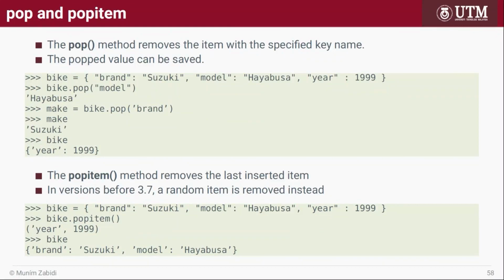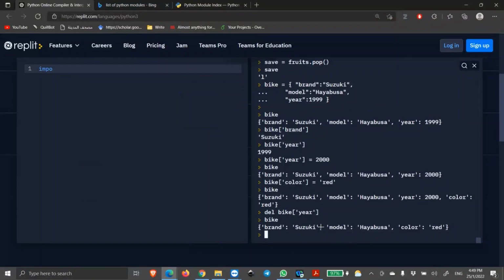And then depending on the version, the item removed is different. So you have to know which version. In versions before 3.7, a random item is removed, but in version 3.7 and newer, it will remove the last item. So let's save this temporarily.